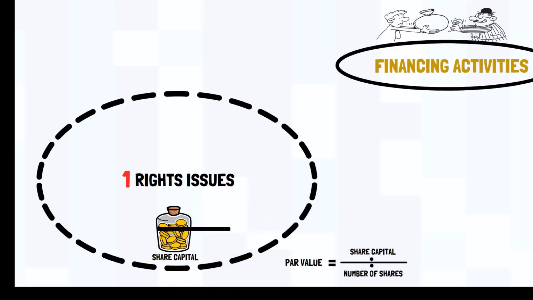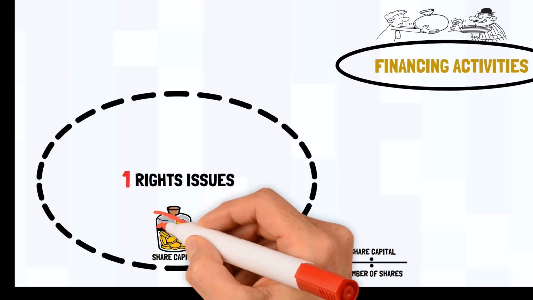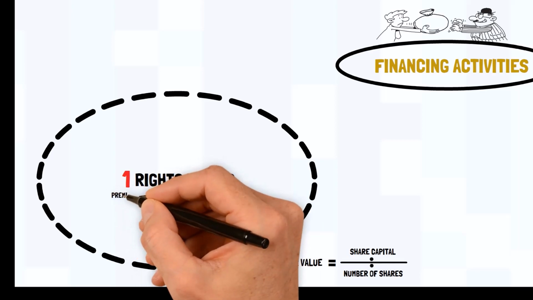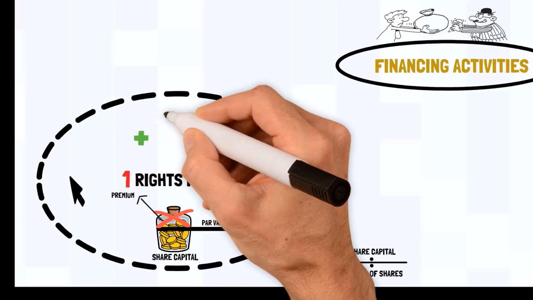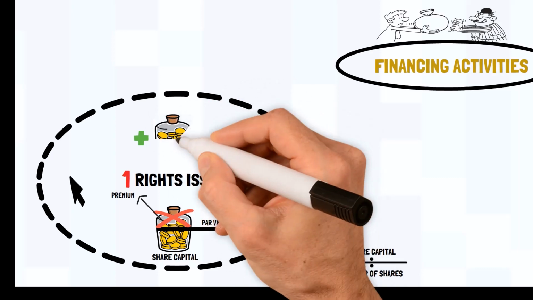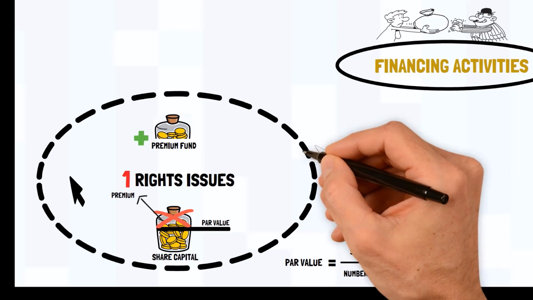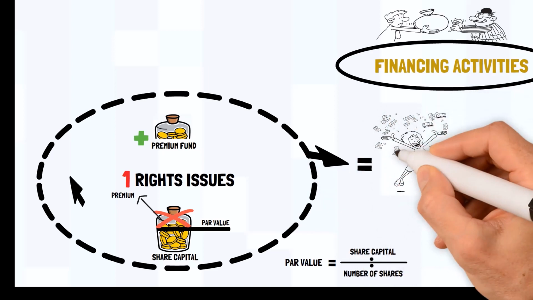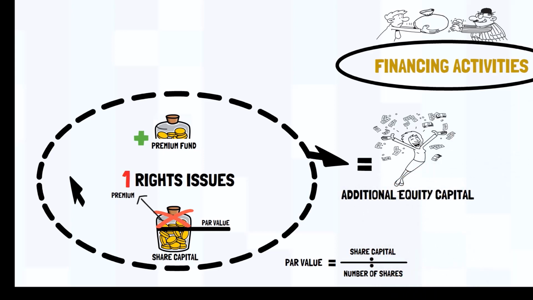Since the payment for a share might not be lower than the previous par value, but may exceed it, the potential higher payment constitutes a premium or an additional paid-in capital. This sum is not included in the share capital of the new issue, but is instead moved to the premium fund. The share capital of the new issue plus the premium fund together form the additional equity capital.